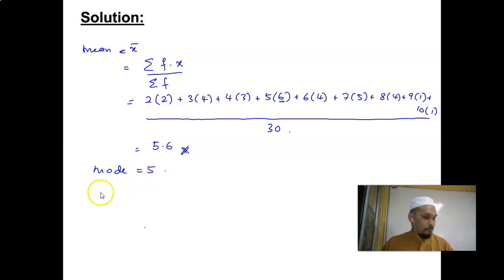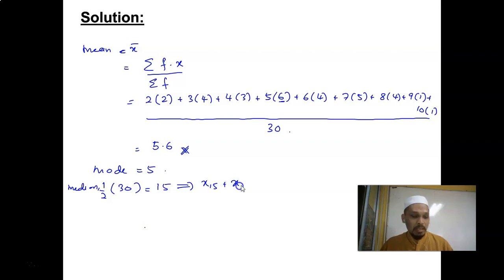Then next, mean, mode, and median. Median, half of the data, multiplied by 30, equal to 15. Okay, this is the median. Half times 30 equal to 15 means that we look at the 15th observation.